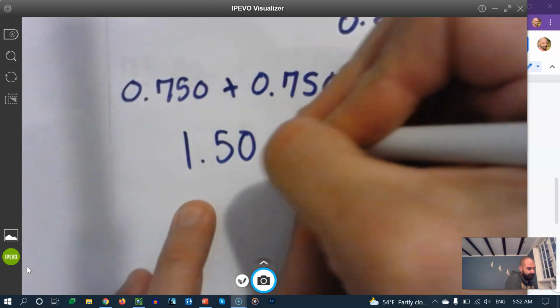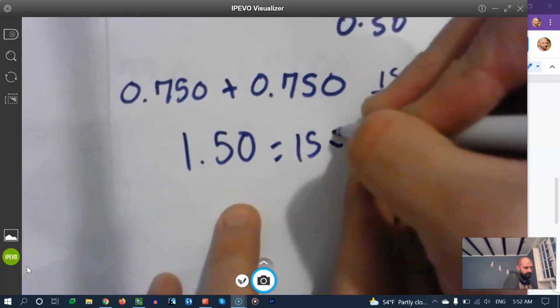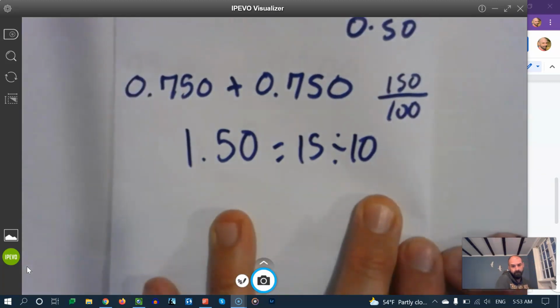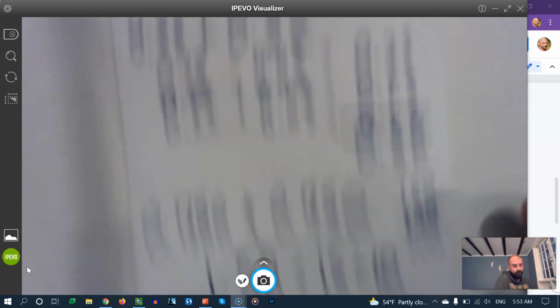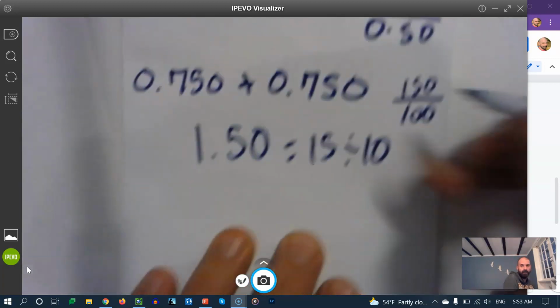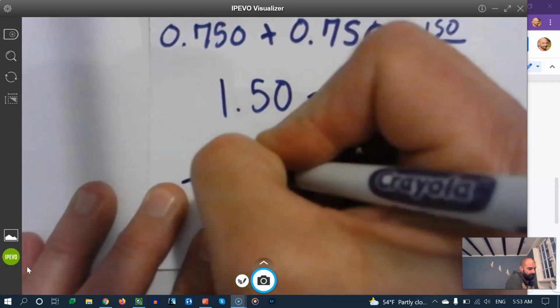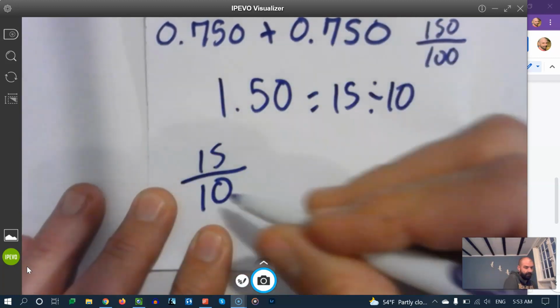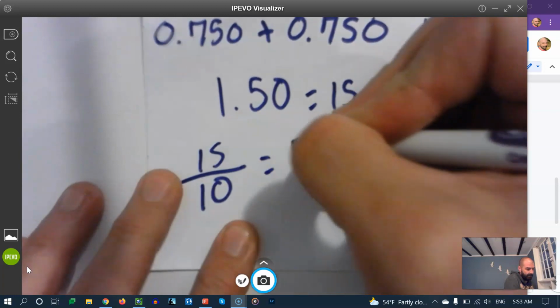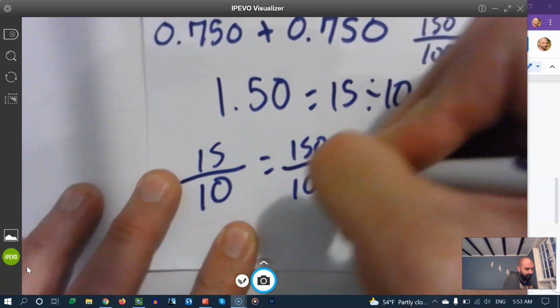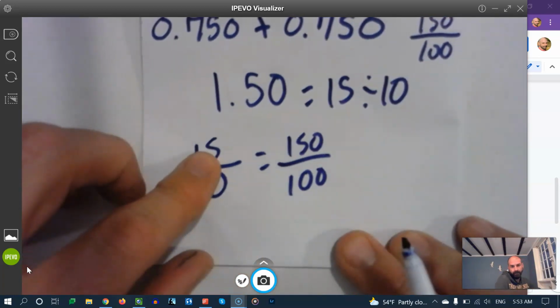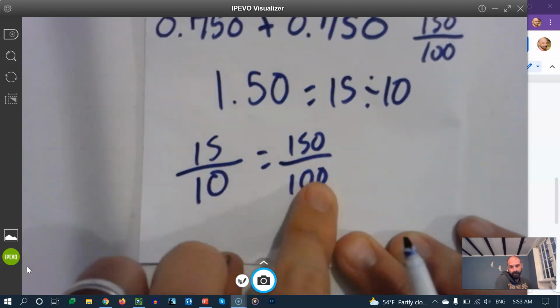This is 15 divided by 10. Remember, fractions are unfinished division. So I have 15 divided by 10, and that's the same thing as 150 hundredths. They're equal, because 15 times 10 is 150, and 10 times 10 is 100.